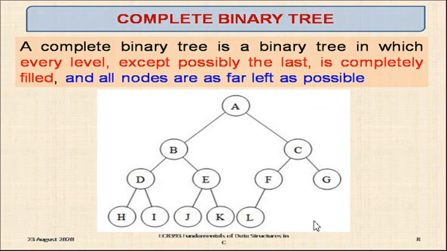But in the last but one level, all the nodes should have been filled. And as far as the left is concerned, it should have been filled, as you can see here. Okay, if this condition is satisfied, then we can call that a complete binary tree.